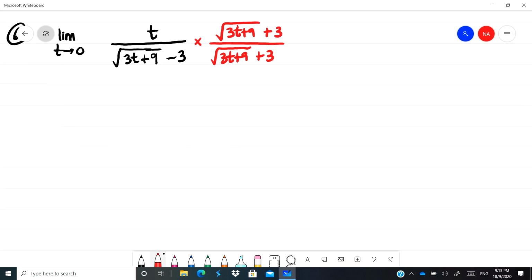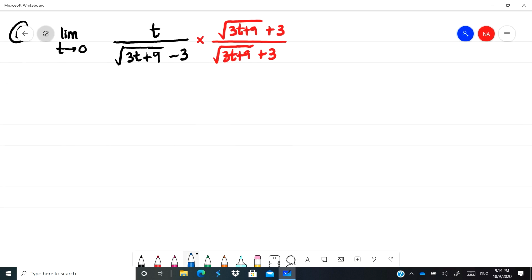Now we have the limit as t approaching 0 of that part, which will be written in brackets as the square root of 3t plus 9 plus 3.